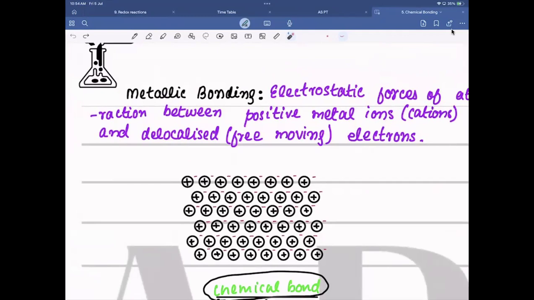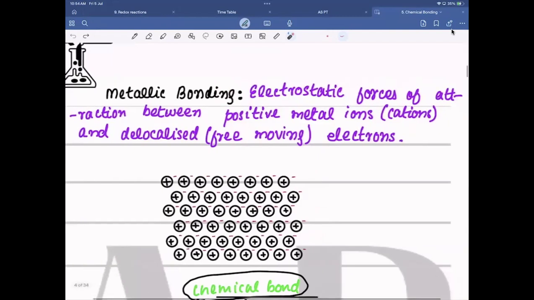The electrons move in the spaces between the positively charged ions, and instead of repelling each other, those cations attract these free moving electrons, and as a result they stay together and a metallic bond is formed. Is this clear?